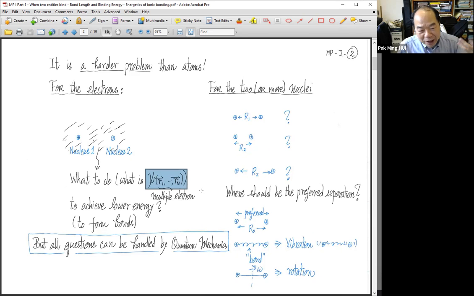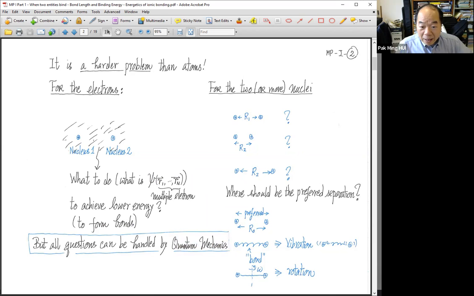So you can think about it as, given the 2 nuclei at this separation, if you are the electrons, how would you distribute so that you will have a lower energy, say? All right. And after you get the wave function, you know how the electrons distribute, and then you will have the idea of bonds, chemical bonds. So this is handled by quantum mechanics. All right.